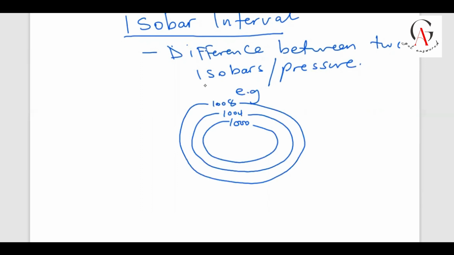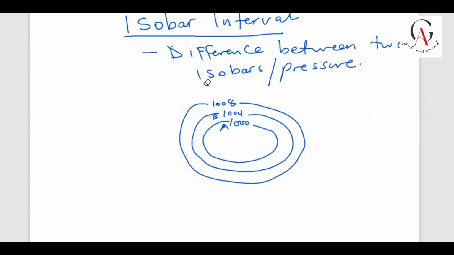So you can see that the difference between isobar A and isobar B is 4. Between B and C, the difference is 4. Looking at that, it enables us to give the pressure difference.